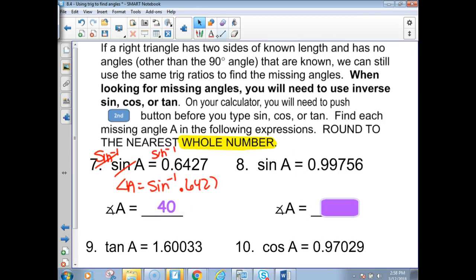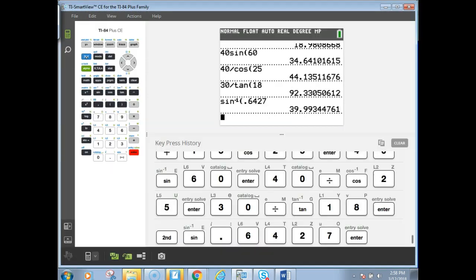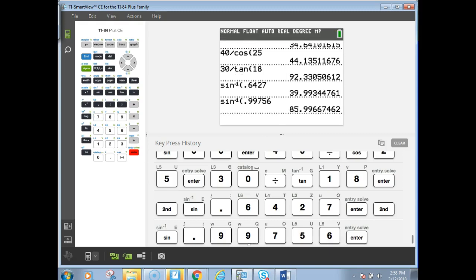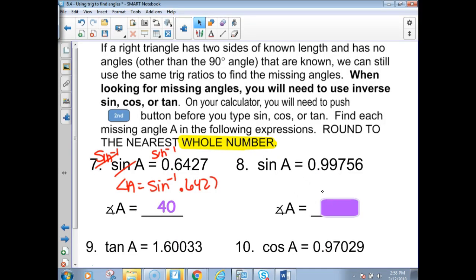Okay, so all you have to do on every one of these is undo the sine, cosine, or tangent. So next you're going to do second sine, of course, then put in 0.99756, hit enter, and it will give you the angle 85.99667, blah, blah, blah, and you're going to round that to 86 degrees.